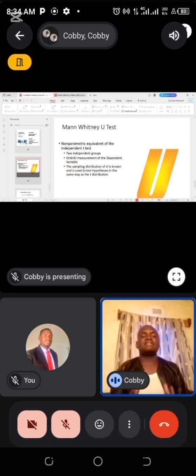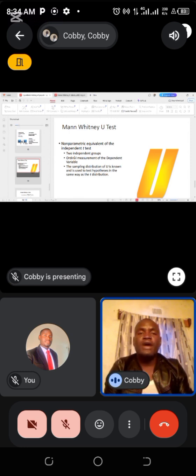When we are testing this hypothesis, the steps for testing the hypothesis remain the same. First, we need to state the null hypothesis. After we have stated the null hypothesis, we calculate the test statistic. After calculating the test statistic, we need to determine the critical value, then compare the critical value with the test statistic that we have determined at first.